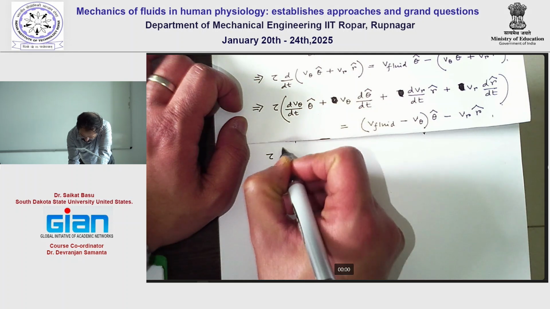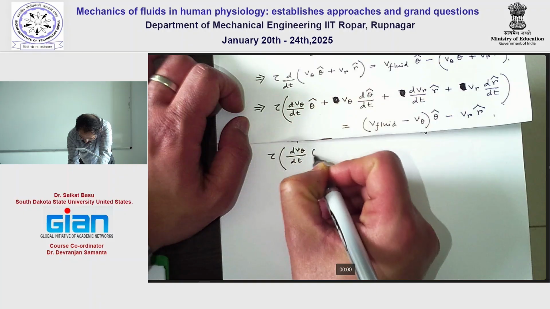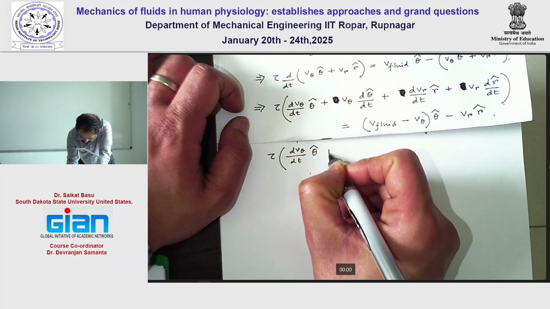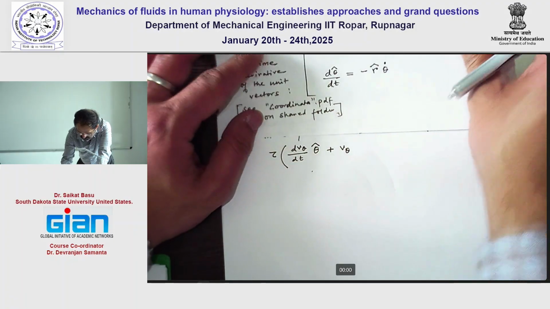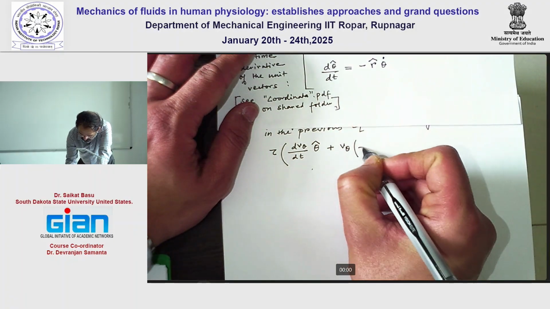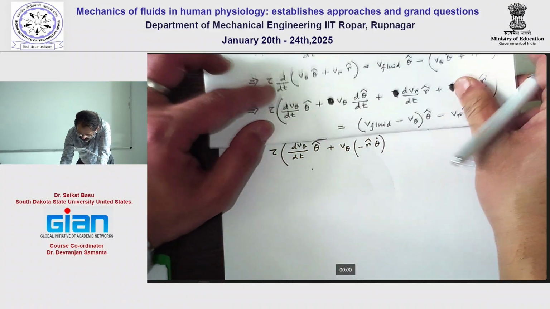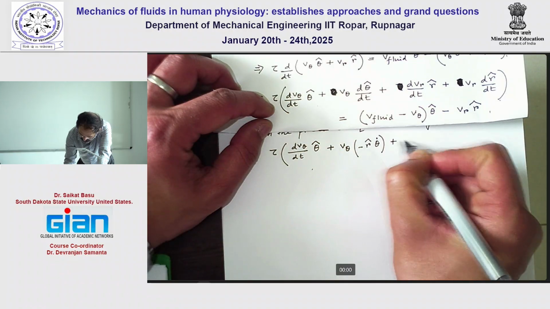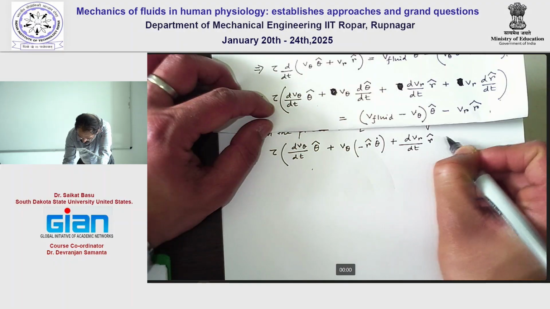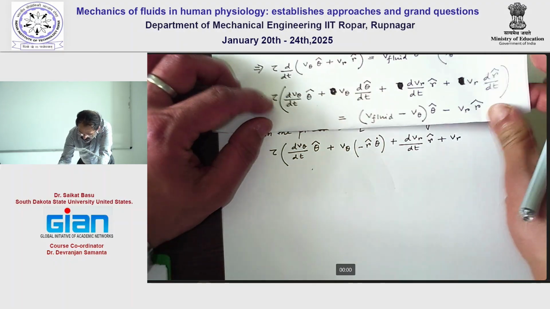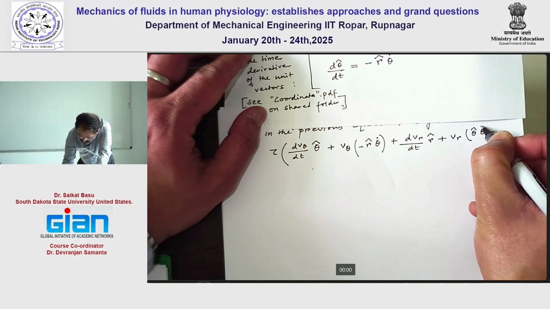So tau dv theta dt times theta hat plus v theta d theta hat dt. So d theta hat dt is minus r hat theta dot, plus dvr dt r hat plus vr dr dt, which is theta hat theta dot.